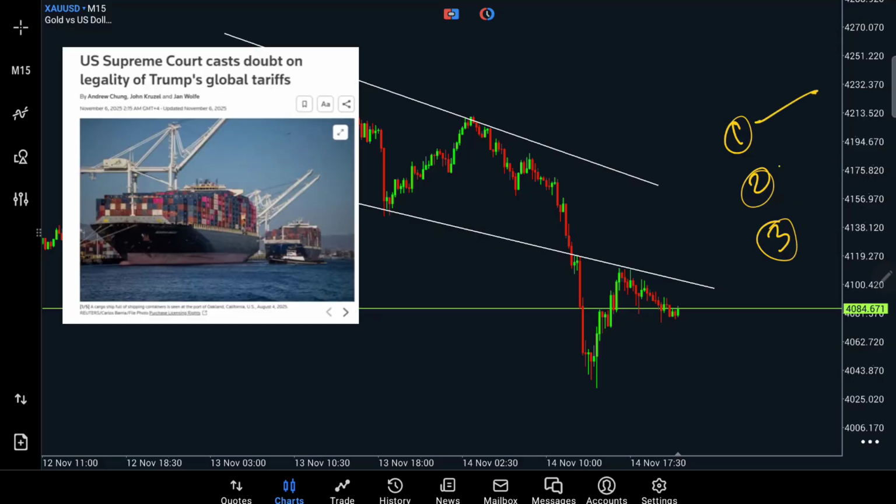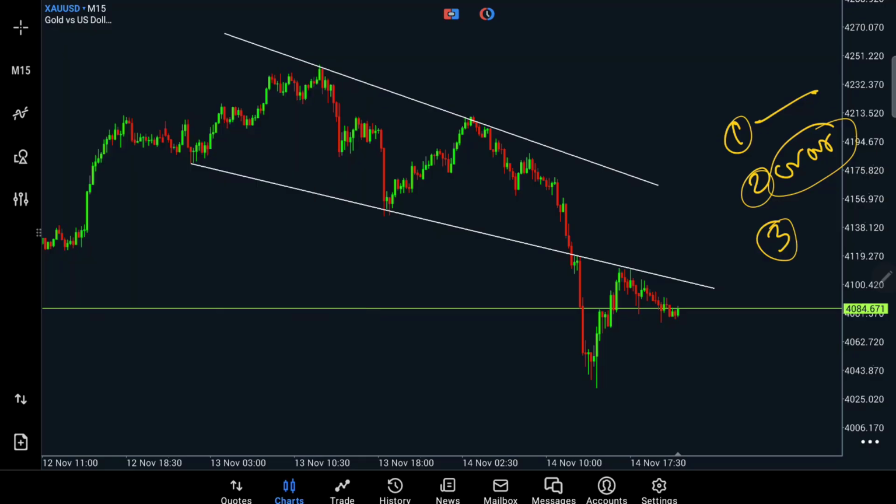And there are war related issues like Russia, Ukraine, Middle East tension and other things. And another is tariff related issues with China, Russia or other countries. Okay, so while you want to trade or while you are going to take entry, you must consider this news also.